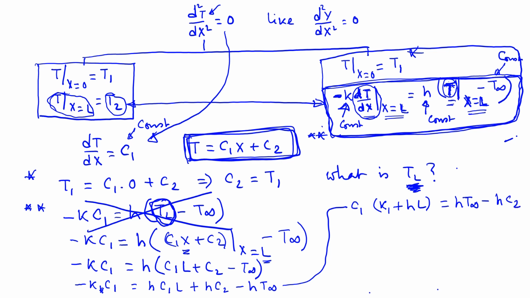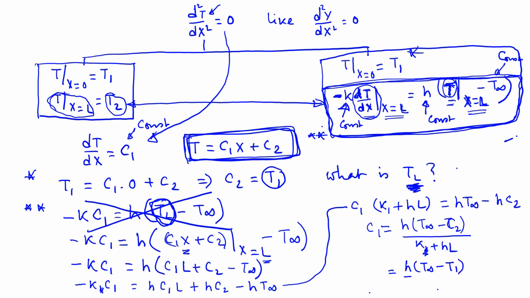And so then I get C1 is equal to h times T infinity minus C2 over k plus h L, and C2 is known. C2 is T1. So C1 is h times T infinity minus T1 over k plus h L.